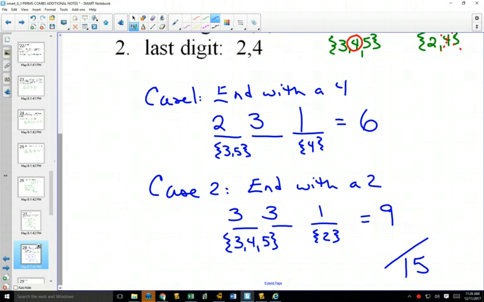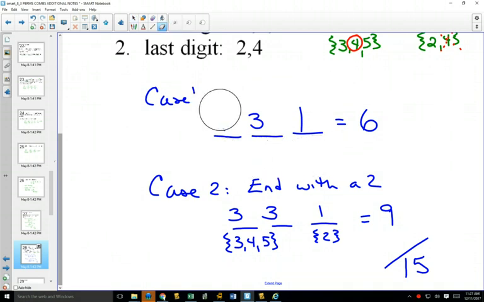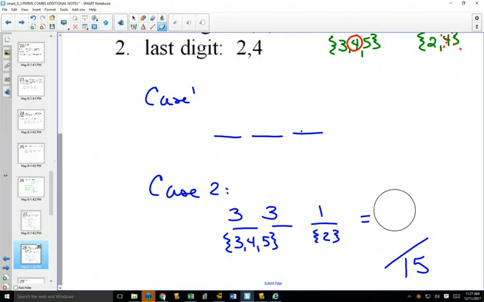Can you see another way that you could have broken up the cases? Another way to still count everything. You don't need to write this one down, but I'll just leave my spaces there. How could I count this differently? And we'll see if we still get 15 in the end.